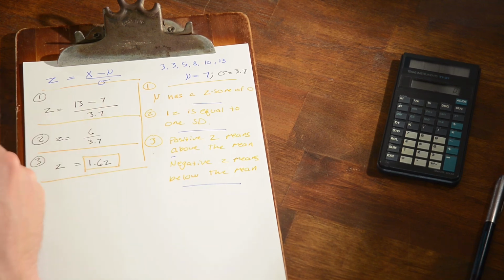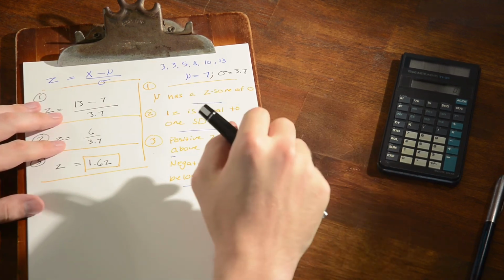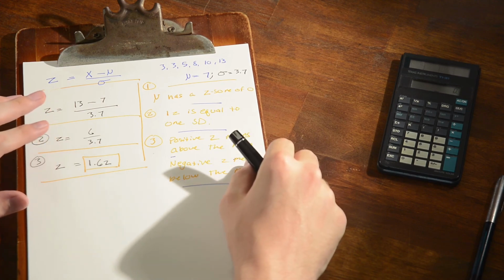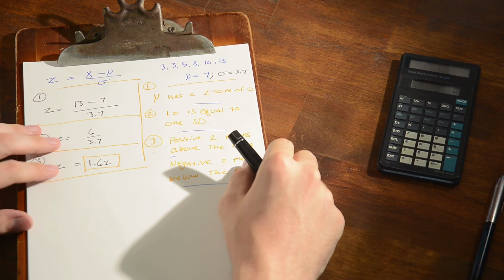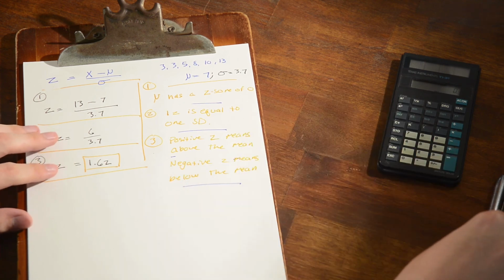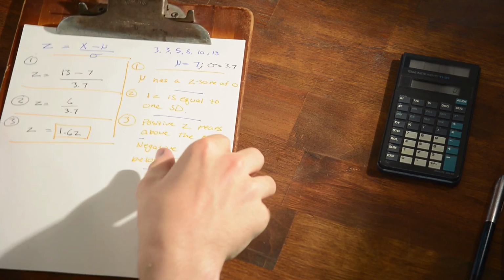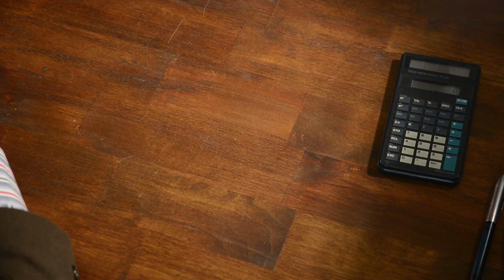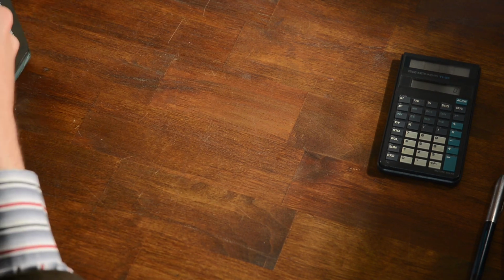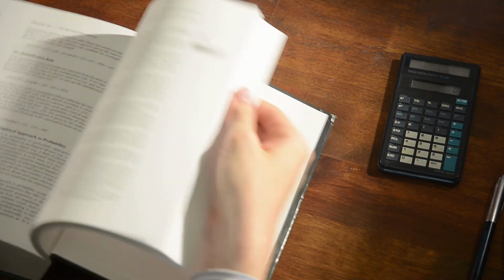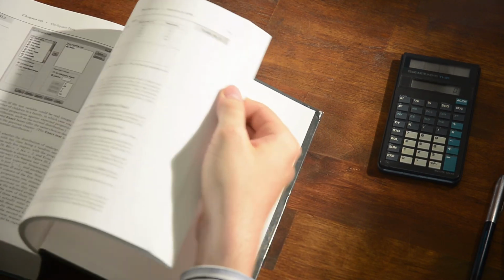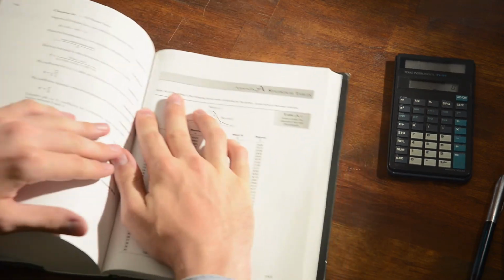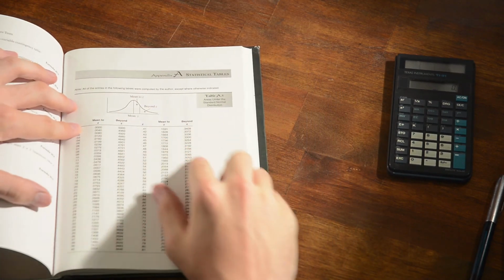So with that being done, let's go ahead and take a look at calculating the proportion and percentage of our z-score. To do that, we're going to take this, move it out of the way, and I'm going to go ahead and bring in a textbook that has statistical tables at the end. So here we are.